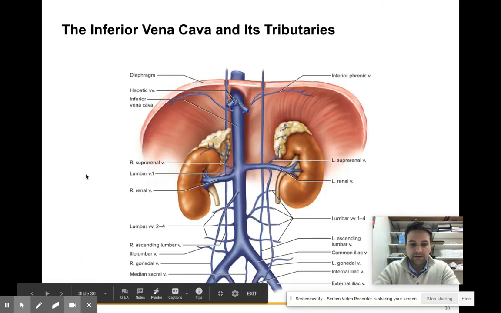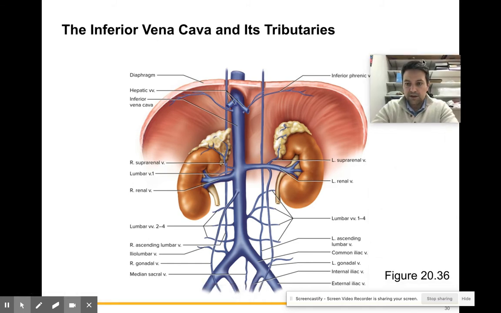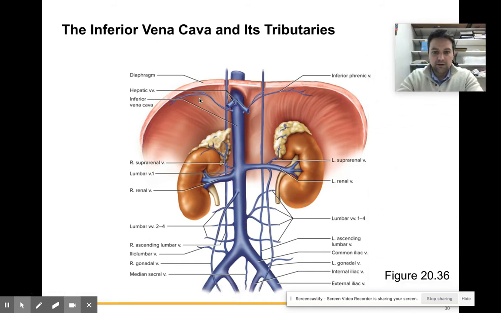If we take a look at the same region of the body, but now looking at veins instead of arteries. Again, here's our diaphragm. Instead of calling this our descending aorta, we call it the vena cava. We want to know the inferior vena cava; the superior vena cava is on the top.